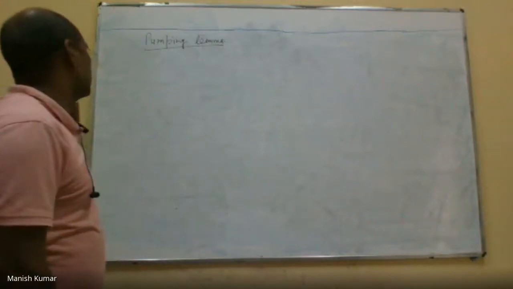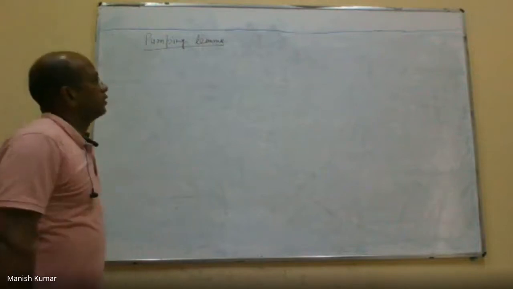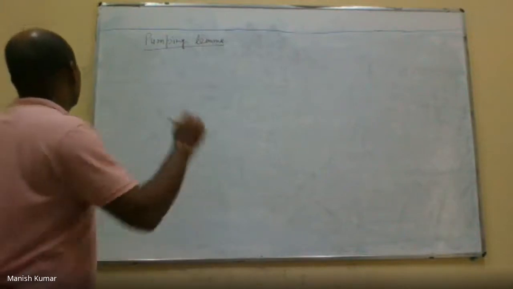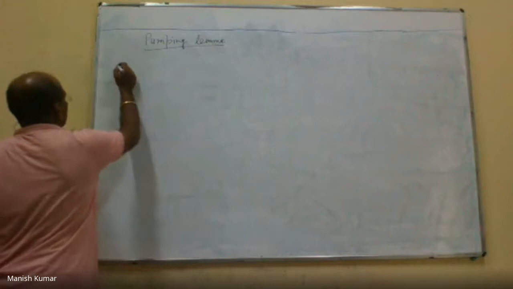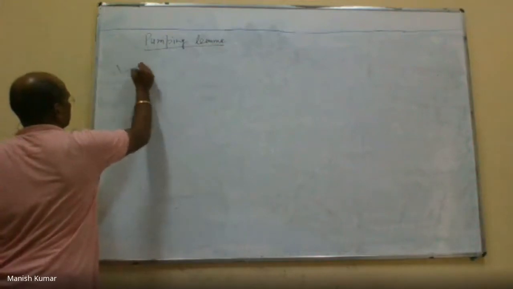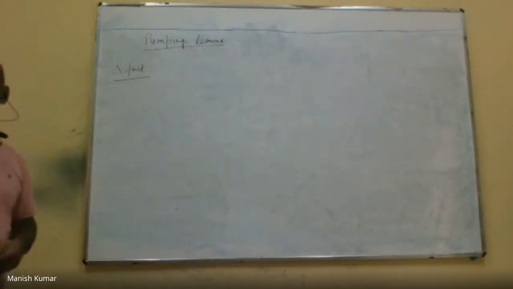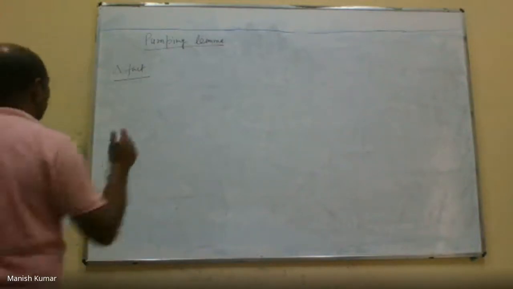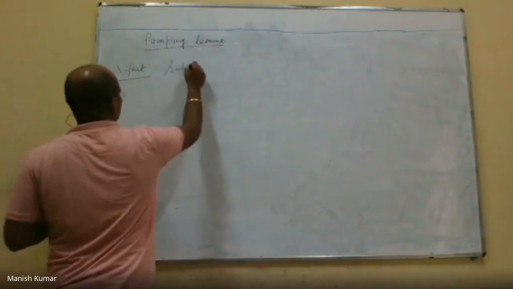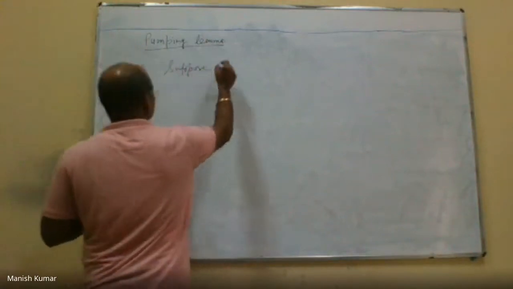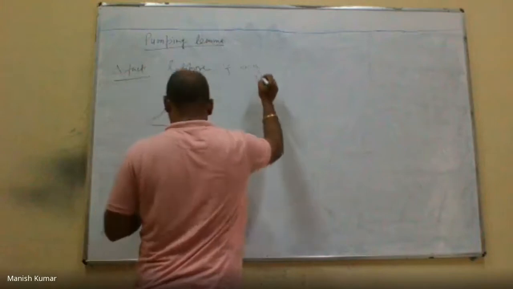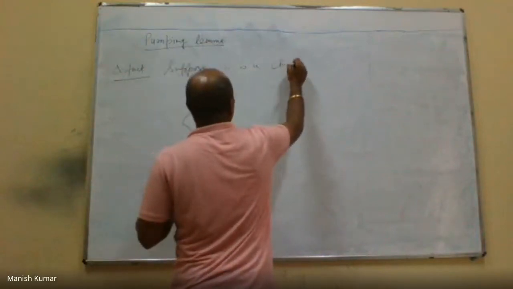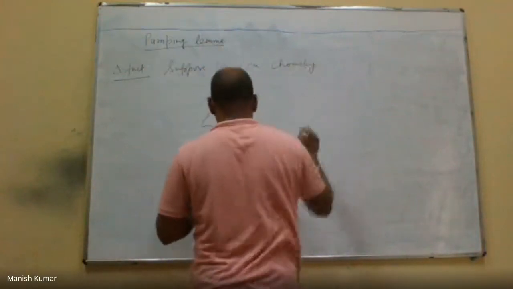Before going for this pumping lemma, we have to go for a fact which will be used for this pumping lemma. The fact says that suppose G is a Chomsky normal form grammar.